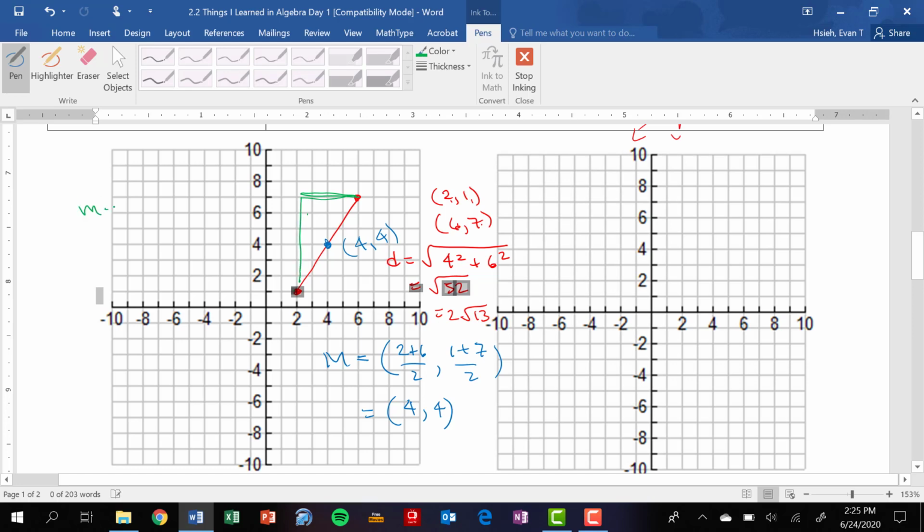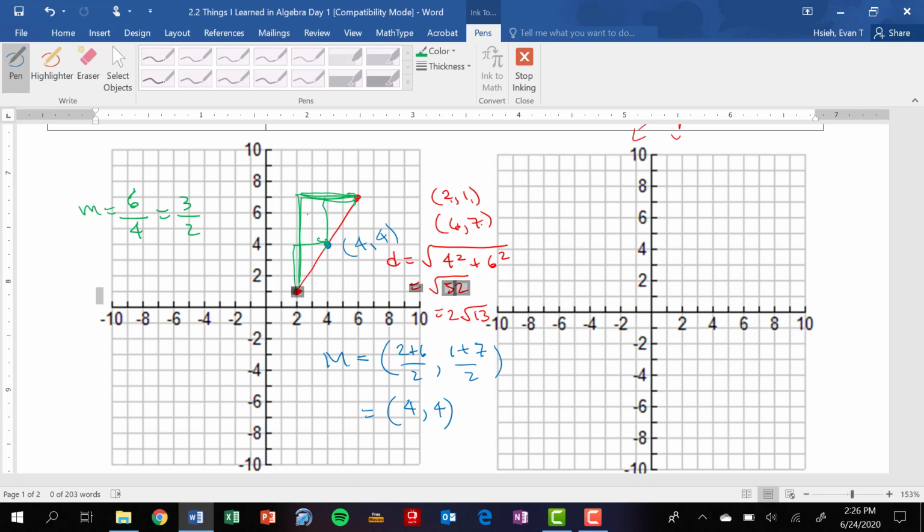Slope is just going to be the change in the y, which is the difference in the two values for y, just going to be 6, and then the change in the x value is going to be 4. So the slope is just going to be 3 halves. So it's going to go up 6 and over 4, or in other words, up 3 over 2. And that should be a concept that is very familiar to you from last year.